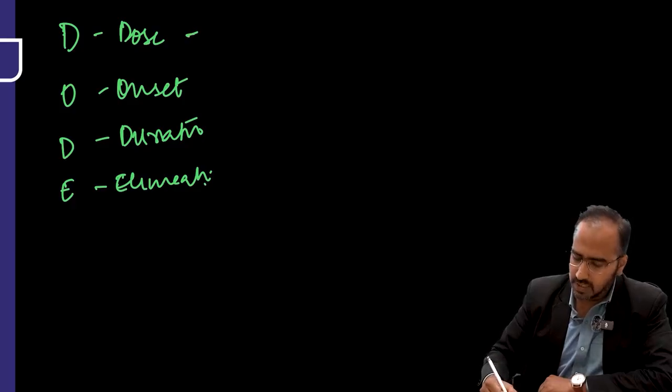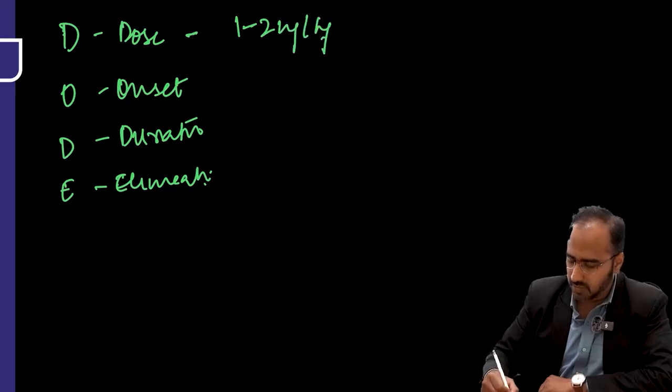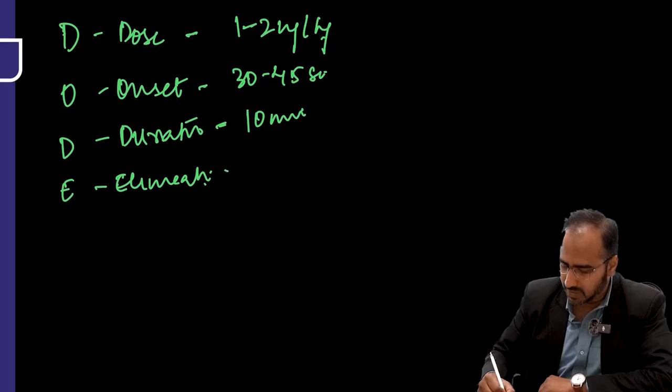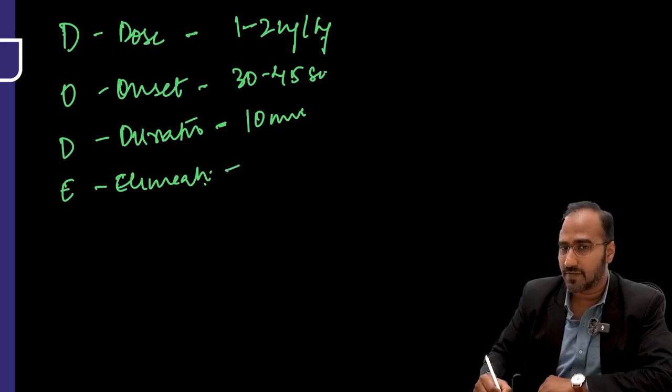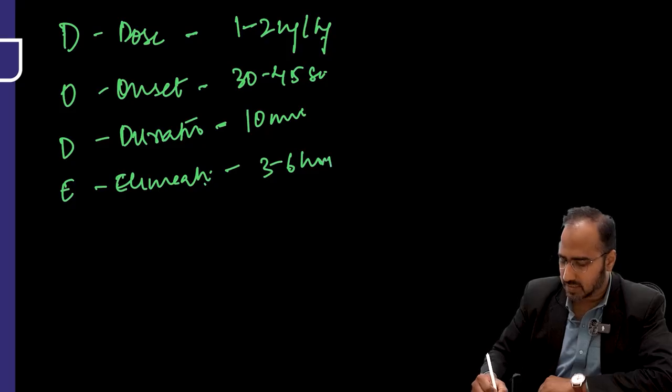The dose of ketamine is 1 to 2 mg per kg body weight. Onset is same as propofol, 30 to 45 seconds. The duration is same as propofol, 10 minutes. Elimination T half of ketamine is 3 to 6 hours.